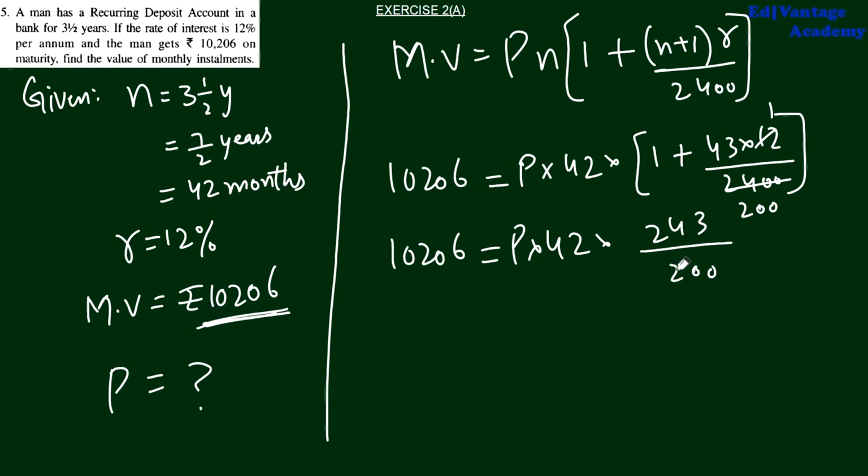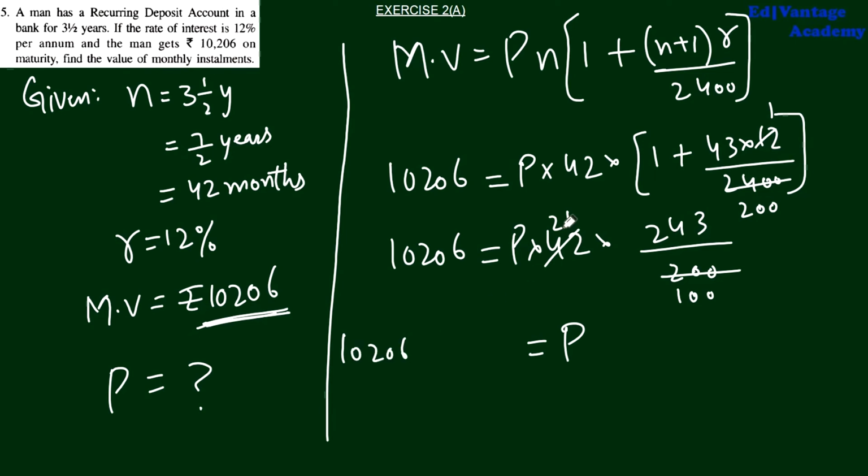If you want, you can do it with the 2 table. You can do 200 and 2 2s are 4, 1. Now I don't think 21 and 100 will go, and 243 and 100 is also not going. So let us keep P there only. Shift 21, 243 and 100 to the other side.